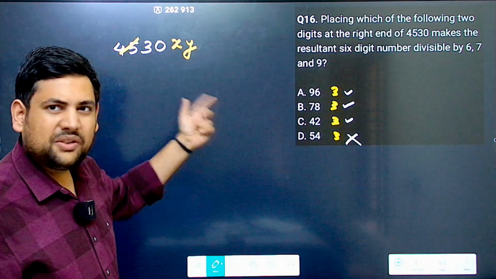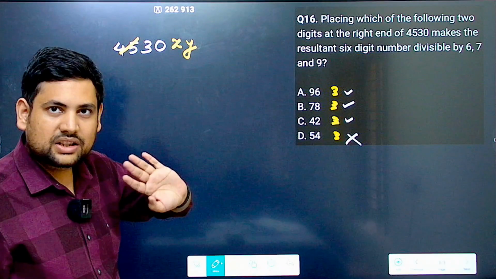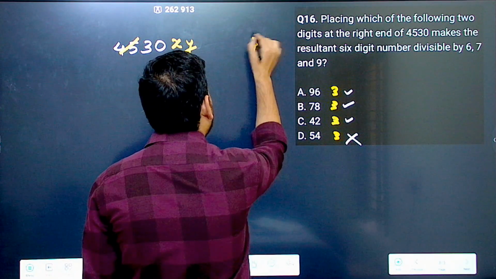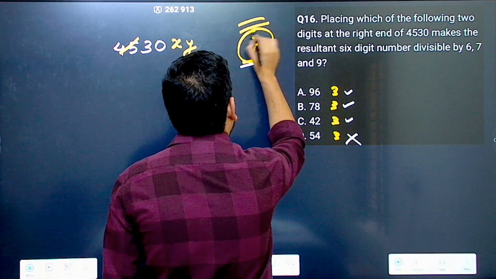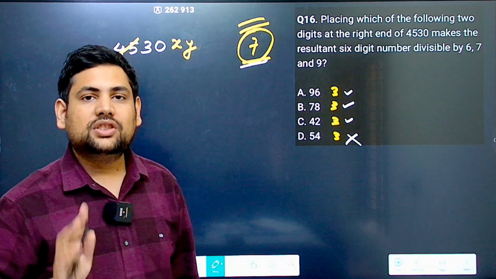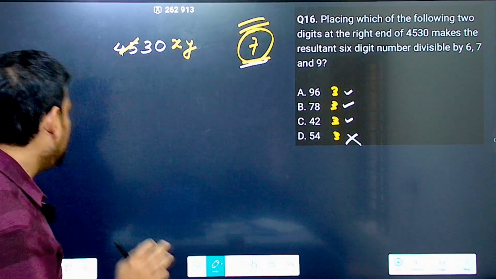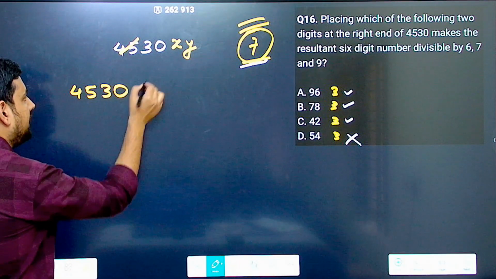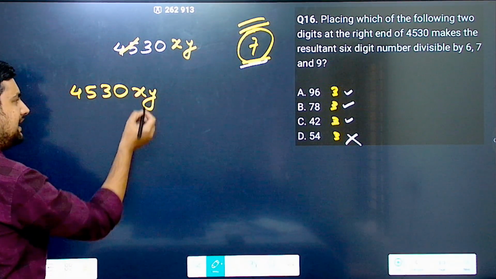So 3 already I have ensured, and all of them are even, so 6 is also not giving me the answer. That means the answer would be decided by 7 itself. Now how to find what is that number which is completely divisible by 7? Very easy. So basically what you have to do, see, 4530xy, can I write it like this?